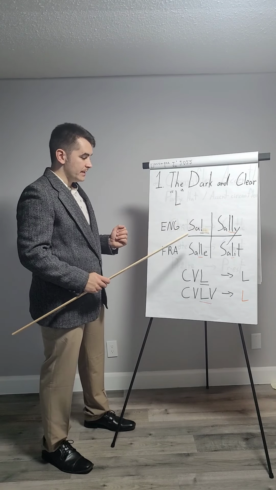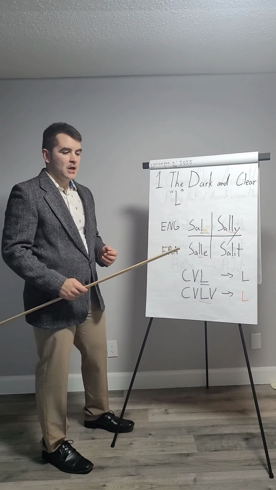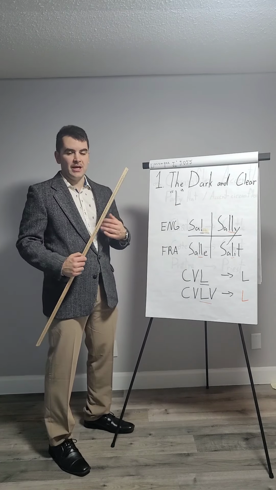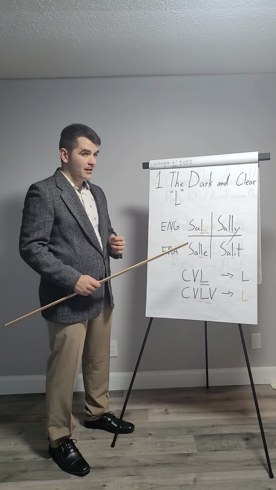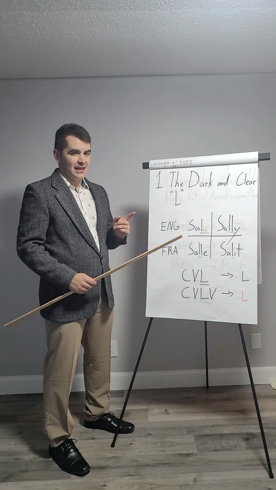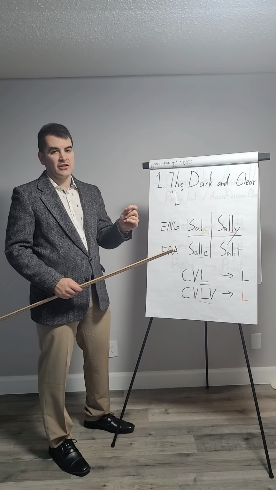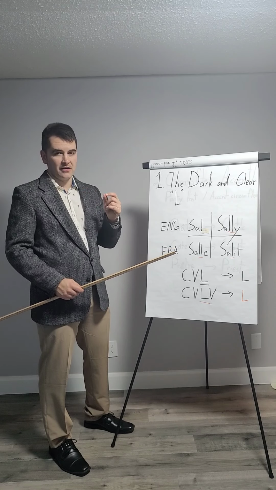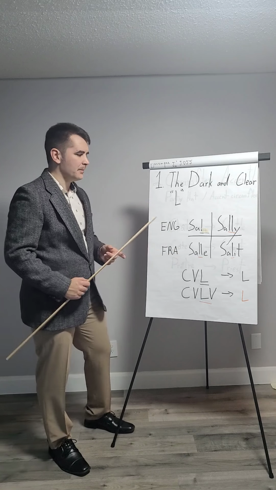So, in this context, you use it as a dark L. And what do I mean by that exactly? Well, if you join me in holding the L while you pronounce the word sal, you'll notice that the contact point is actually at the back of the tongue or back of the mouth. It's also called a velar L, and we'll get into that another time.